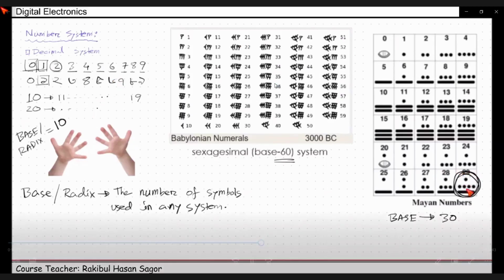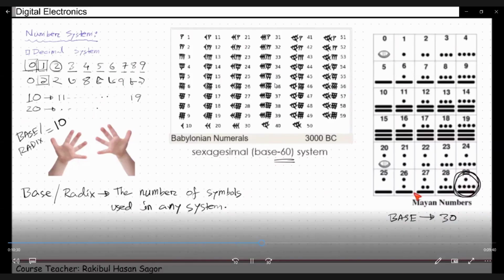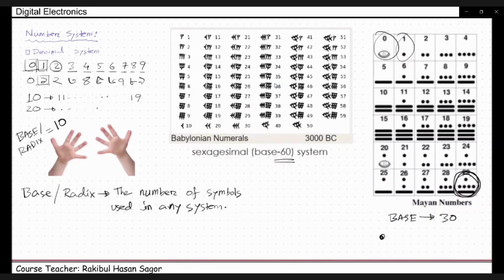If we want to go beyond 29, we need to use two symbols, 1 and 0. Here 1 means this dot sign and 0 means this symbol, and this represents 1 0.